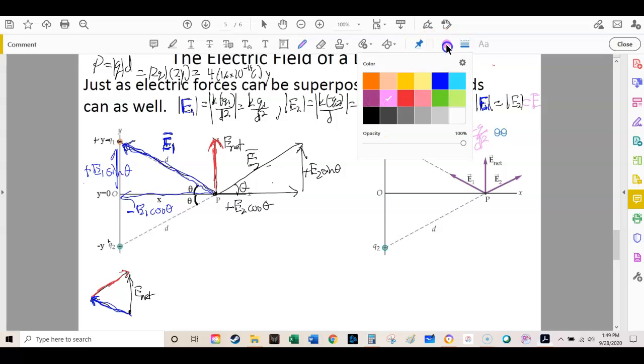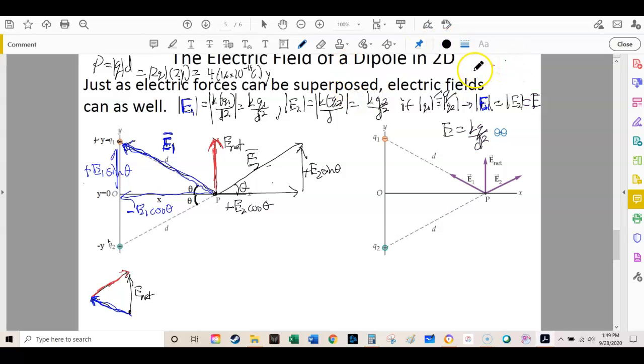If you sum the electric field in the x direction here now, okay, we sum the electric field in the x direction. It's almost unimportant to do that because you have an arrow to the left that's canceling out the arrow to the right.